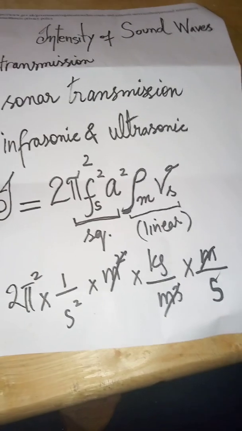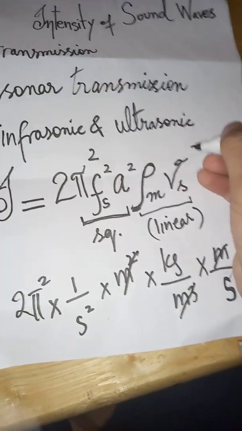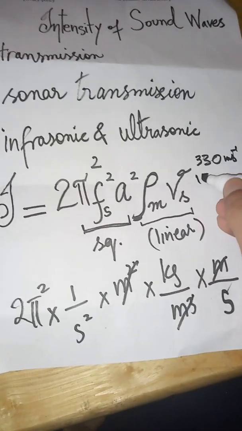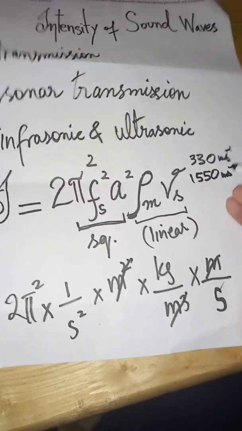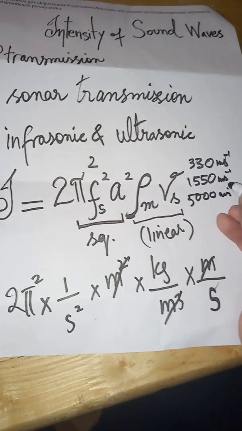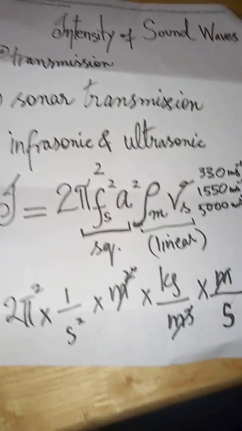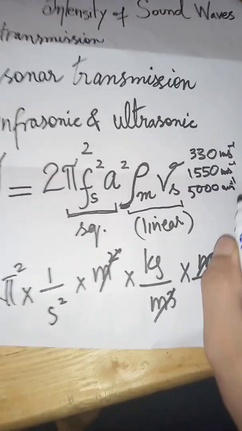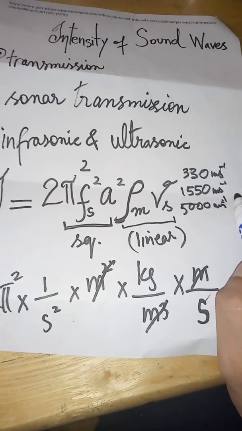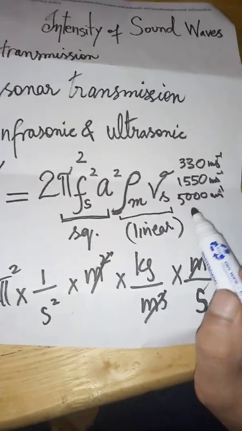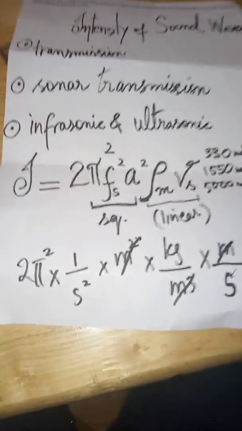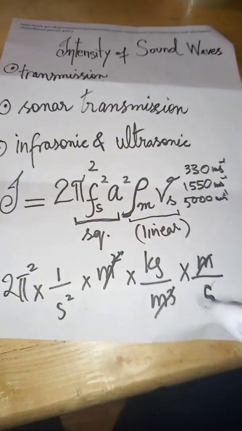So that's about a factor of 3. So 330 meters per second for air, 1550 for liquid fluids, water, seawater, and 5,000 for concrete and walls and what have you. So we know that intensity is kg per second cubed.